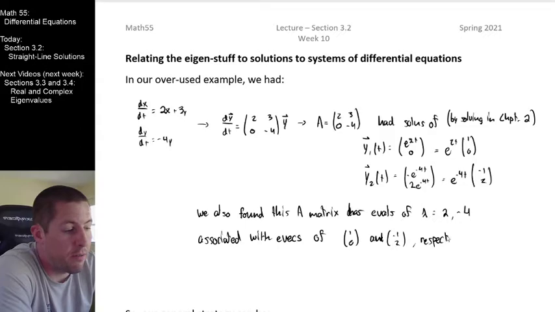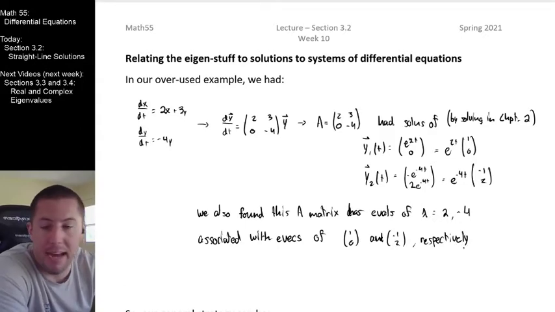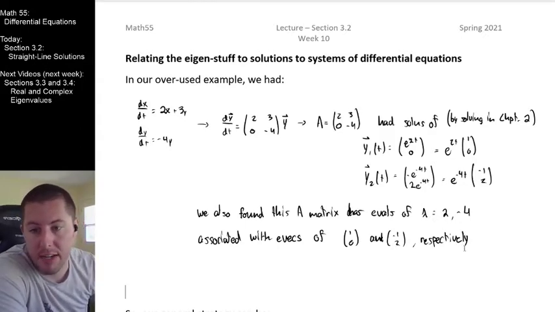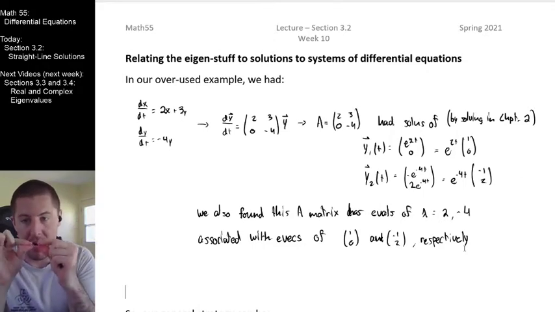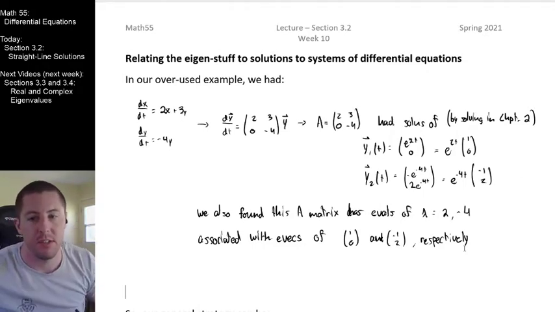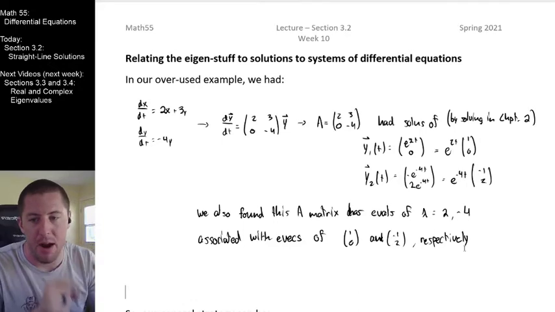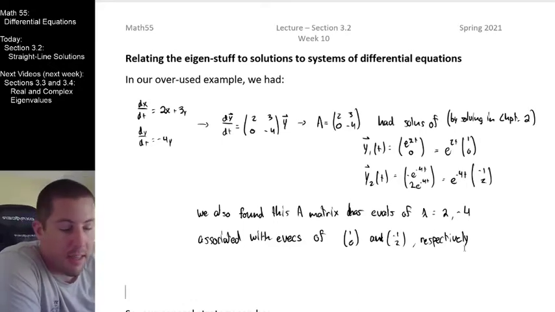Because that order matters. Remember, this isn't just a bag of 2 eigenvalues and a bag of 2 eigenvectors. Each eigenvalue is tied to an eigenvector. It's a partnership, so these don't get mixed up. That ordering that I wrote those in does matter.